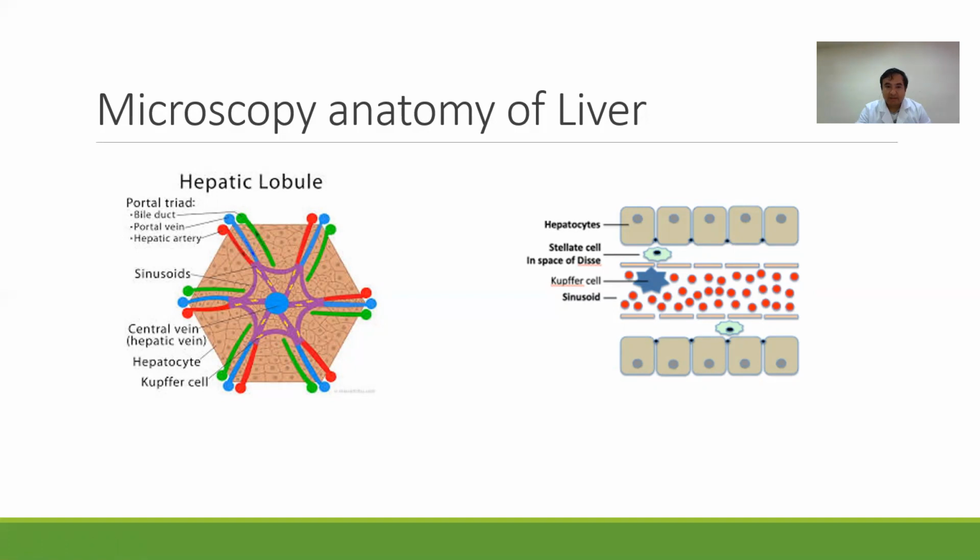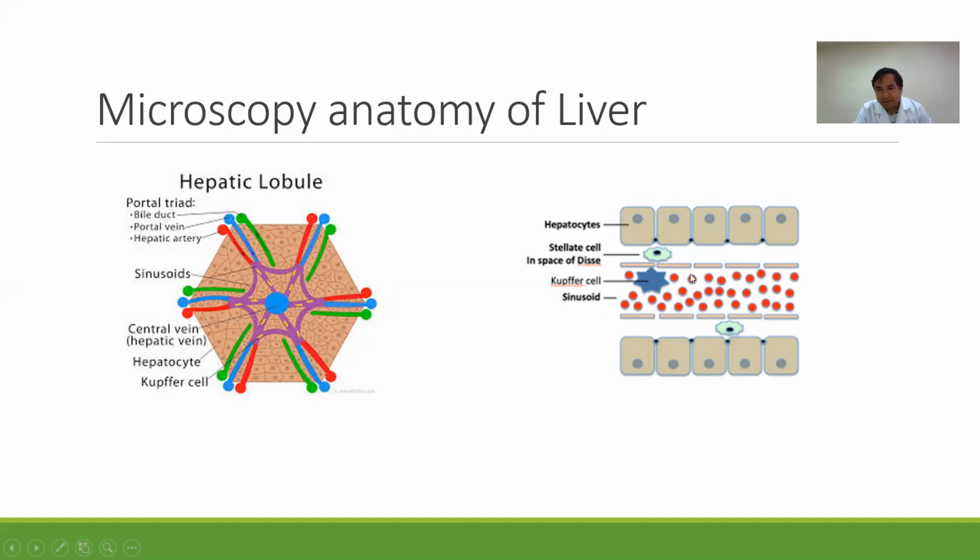And in this area, there is a portal triad where there is a bile duct, portal vein and hepatic artery. This will be one of the MCQ questions, not only in this exam, but even in the MD entrance exam. So always be aware of this fact.